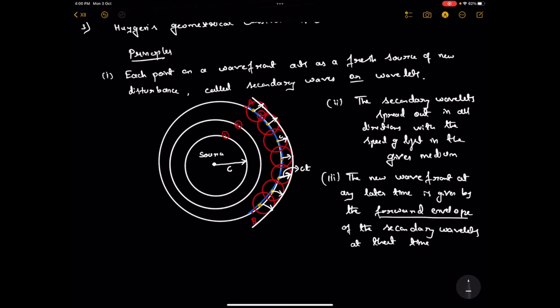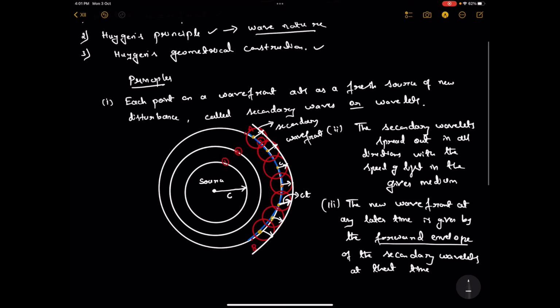This forward envelope is the new wavefront, or you can call it a secondary wavefront, which is moving in a forward direction. So this is the meaning of the Huygens principle. And what I told you just now is also a geometrical construction. With the principle, I explained the geometrical construction.